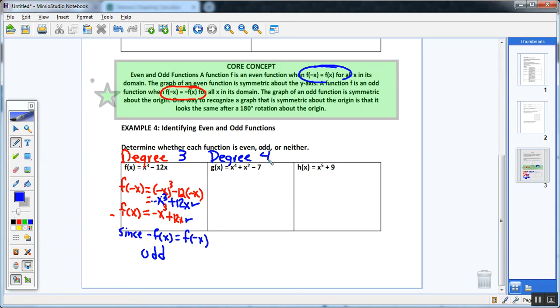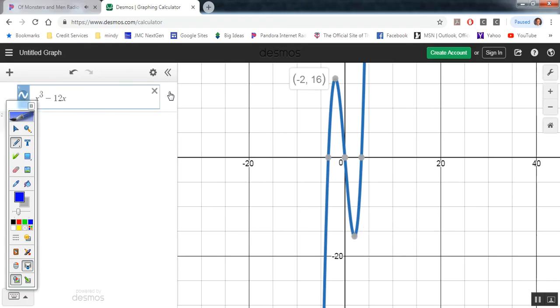Even functions say they're symmetric about the what, kids? Symmetric about the y-axis. Let's look at this graphically first. What's that second example say?